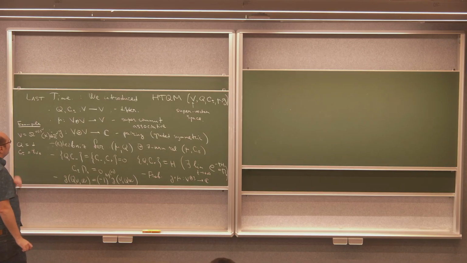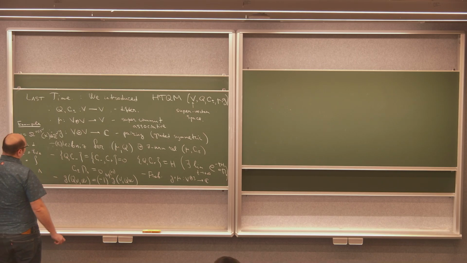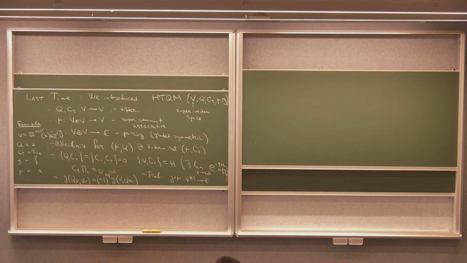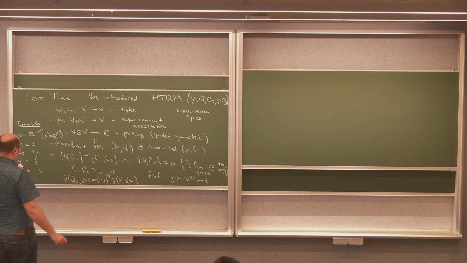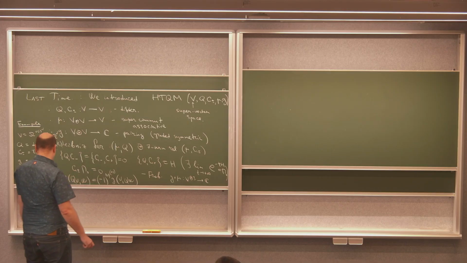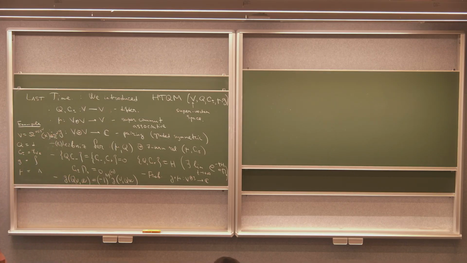We will return to this example later. Here I just do it sketchily: the pairing was the usual integral for differential forms, and multiplication was essentially the wedge product on differential forms. So we can use differential forms and some natural operations on them to realize all these nice properties.